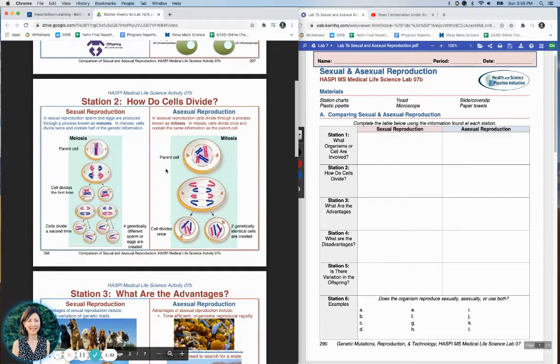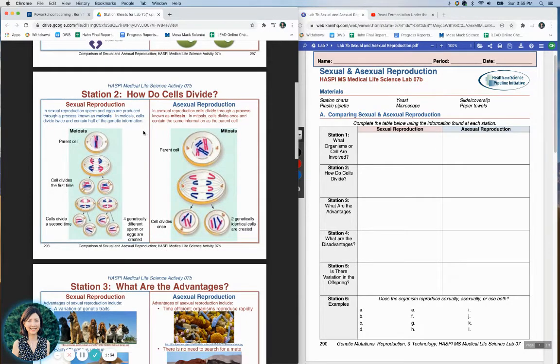In station 2, we go into more detail about how the cells divide in sexual versus asexual reproduction. In sexual reproduction, we need to make sperm and egg that have half of the chromosomes so that when they combine, the baby gets a whole set, half from each parent. Whereas in asexual reproduction, we just need to make an identical copy. We need to copy all the chromosomes and then split it so that the new cells have the same number of chromosomes as the parent cell.